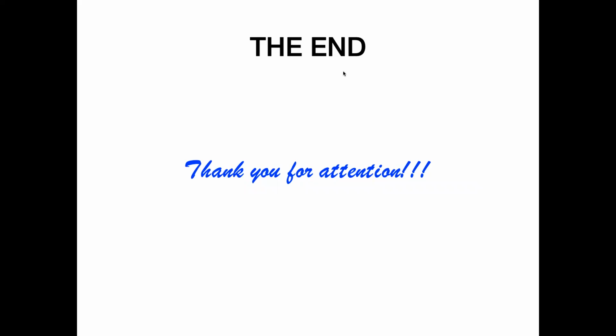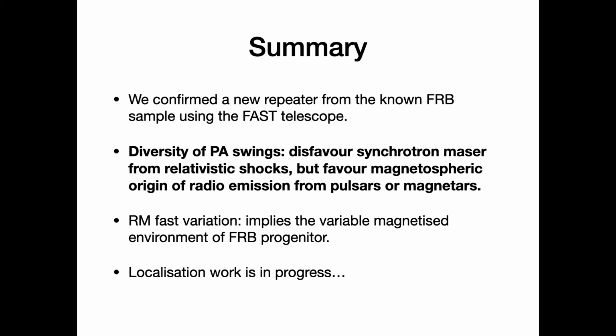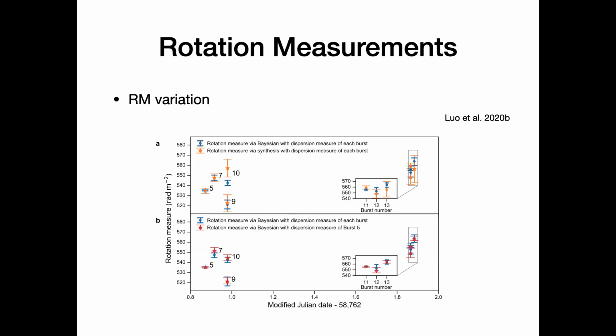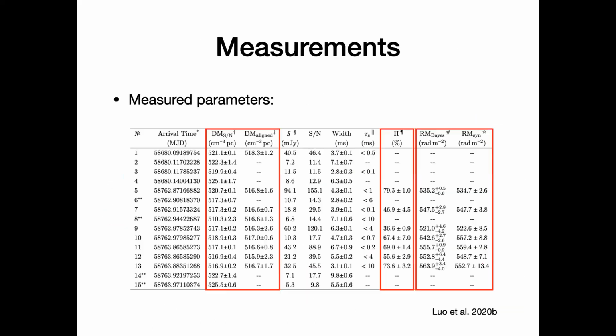I am a bit surprised, well, actually very surprised, to see the rotation measure change so much within a few hours that you can measure it. And I'm a bit suspicious that if you use slightly incorrect RM values, it could cause wonky polarization angle curves that are not real, just because you're using the wrong RM.